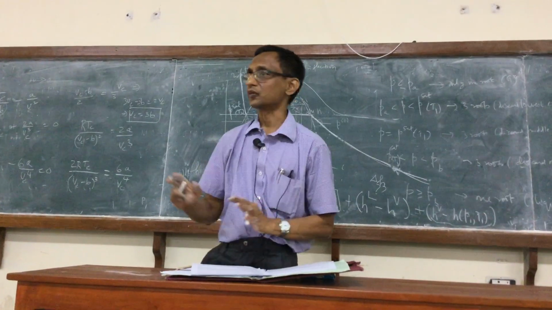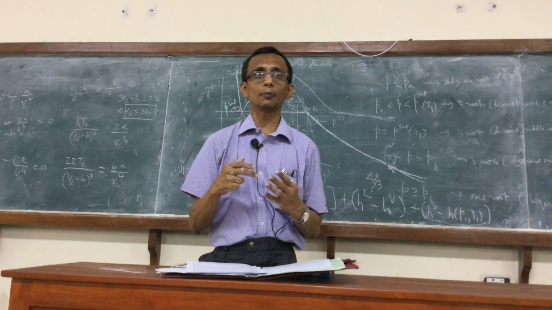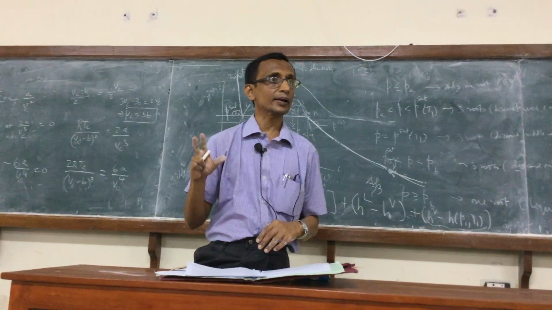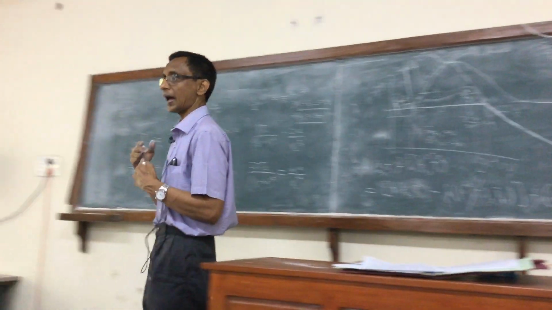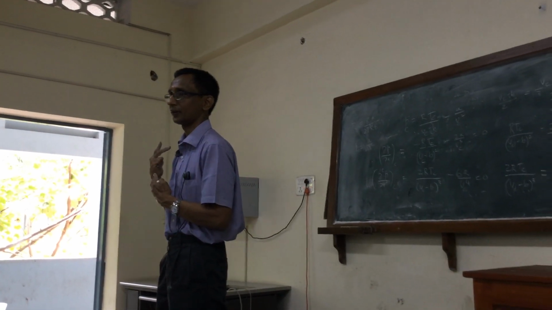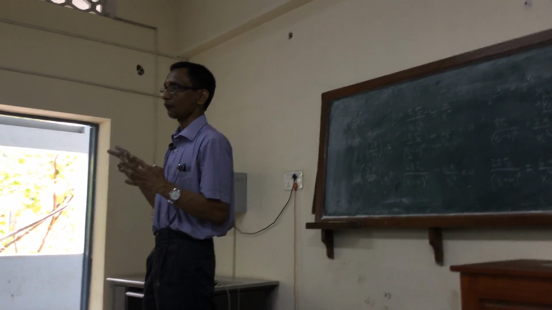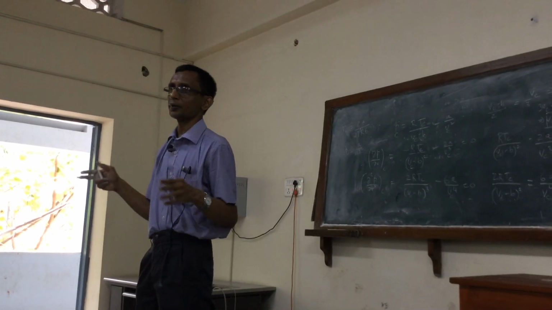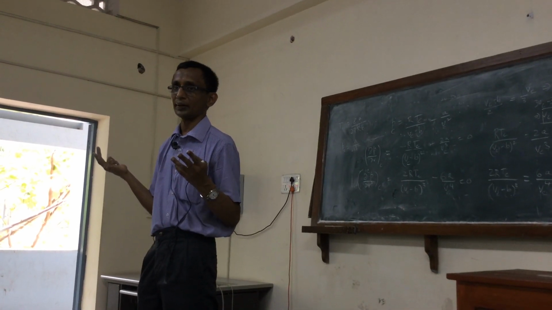What is the point of this? The point is that given a van der Waals fluid, it's a model fluid. So far we have not established any connection with an actual substance. Does it represent an actual substance? You have an infinite number of van der Waals fluids, all possible combinations of A and B you can consider.